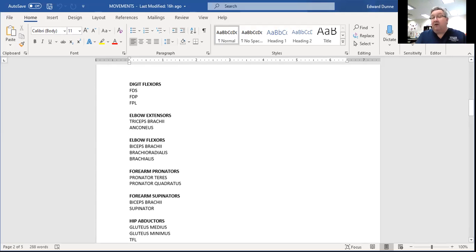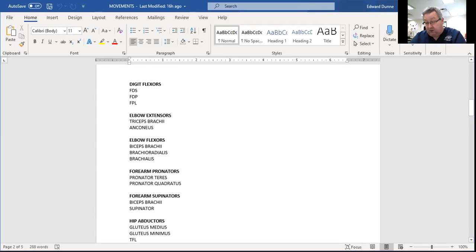Again, Flexor Digitorum Profundus inserts into the DIP and is the only one that flexes the DIP. Flexor Digitorum Superficialis inserts into the PIP, and it does not flex the DIP.